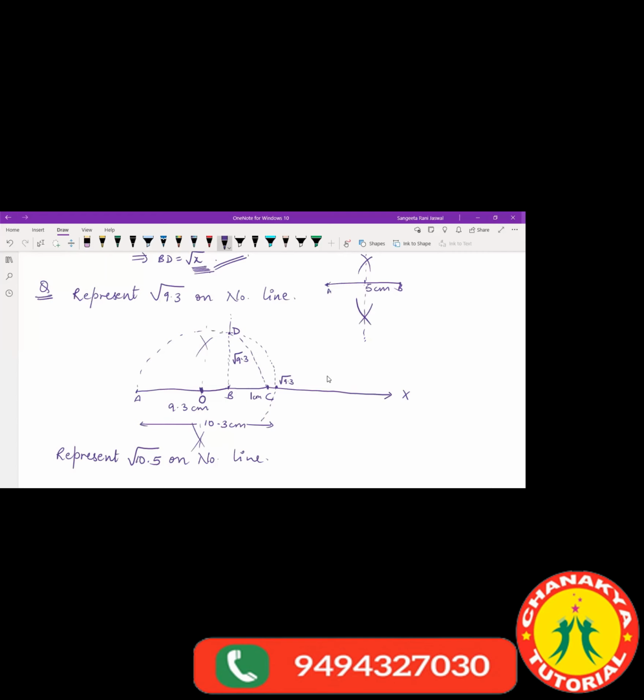Then with OA as the radius, make a semicircle over it and extend the perpendicular from point B, which touches that semicircle, and that distance is your root over 10.5. And with BD as the radius, make a big arc which intersects the x-axis. So that distance will be your root over 10.5.